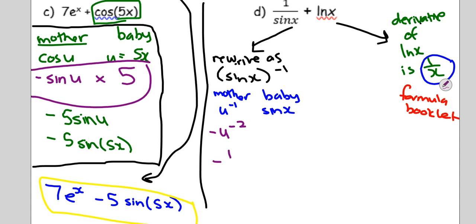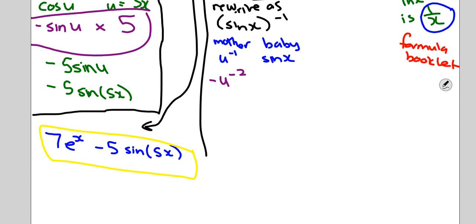So it's negative overall, 1 over u squared. That might be a nicer way to write it, because that's awkward to multiply and sub in. So you might want to rewrite it as negative 1 over u squared. Both are okay in the meantime.